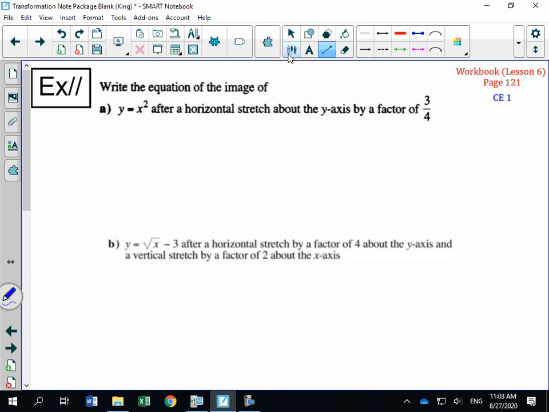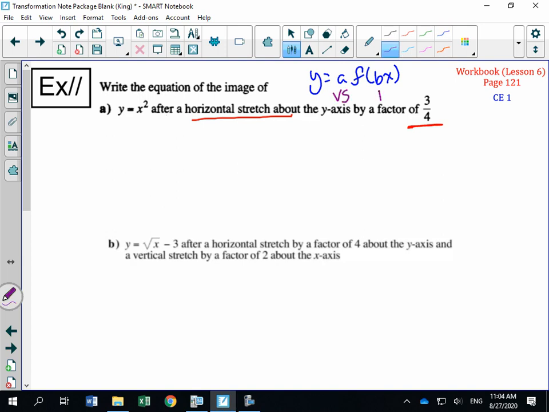It wants it to undergo a horizontal stretch by a factor of 3/4. So again, let's just write above this, y is equal to a f b of x. And I always like saying that this is a vertical stretch and this is a horizontal stretch. So horizontal stretch, I've underlined. That is going to be a b value, right?